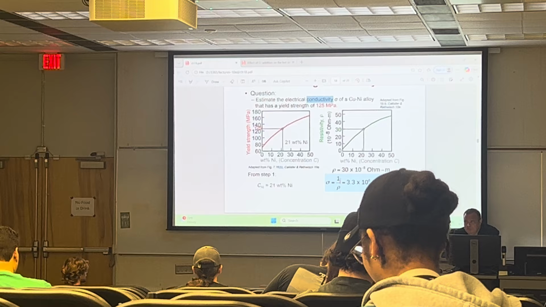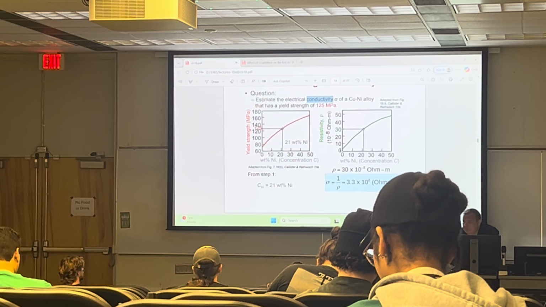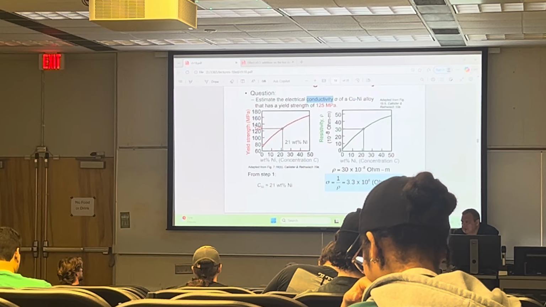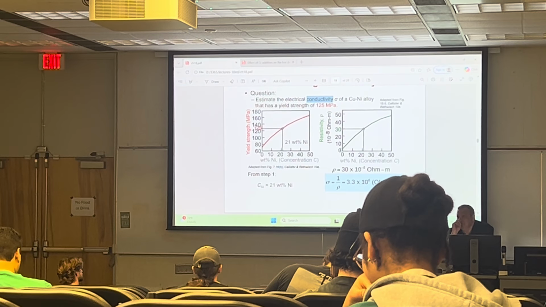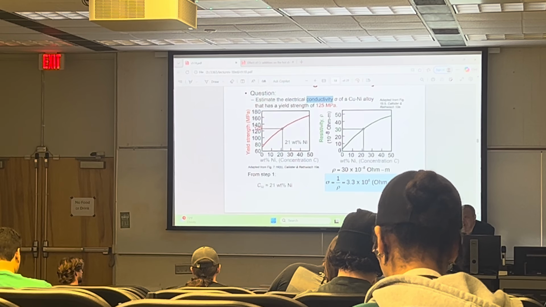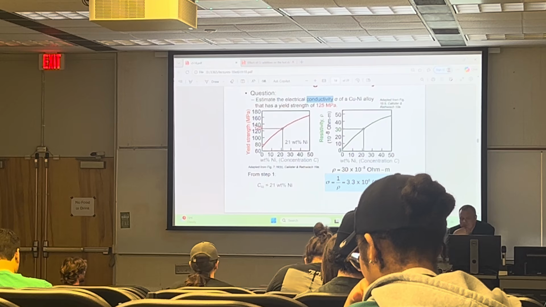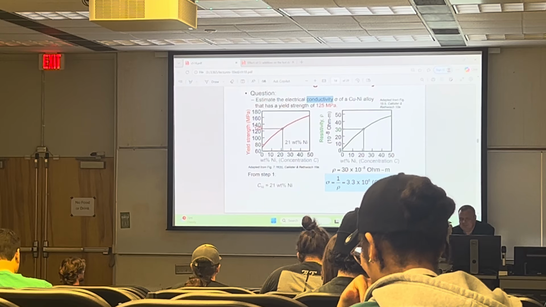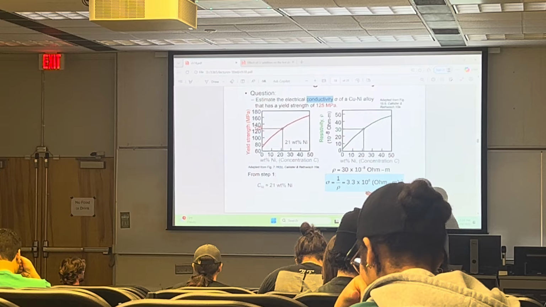Because it's 1 divided by 30, right? And for the pure copper, it would be 1 divided by 3. A factor of how many difference? No, a factor of 10. Where do you get the middle? You wish. Well, it's 3.3 times 10 to the 6 if you divide it by 30, okay?